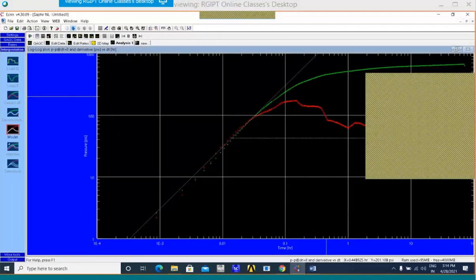Okay. So is this visible to everyone? Pressure buildup curve, and derivative. Yeah, is it visible?